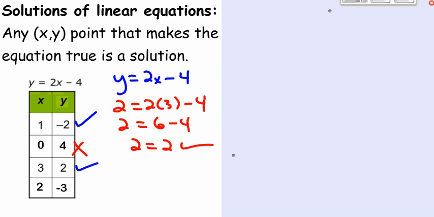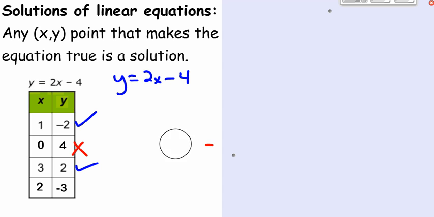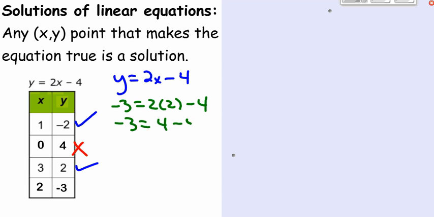All right, last one. When x is 2, y is negative 3. So y is negative 3, x is 2. That's going to give me negative 3 equals 4 minus 4. Negative 3 equals 0. That does not make it a true statement, so this one is a no. All right, so let's talk about what that means graphically.